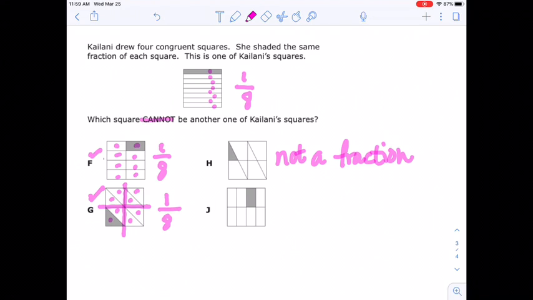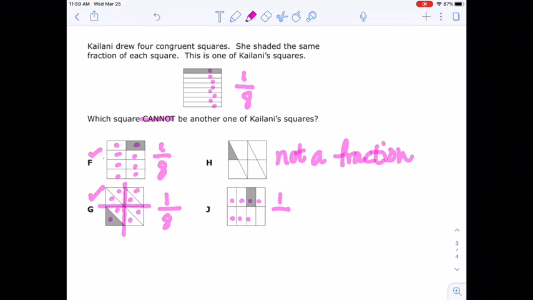In J, is one part shaded? Yes, one part is shaded. Are all parts equal? Yes, all of the parts are the same size. So we know we have 1 out of how many parts? 1, 2, 3, 4, 5, 6, 7, 8 equal parts.